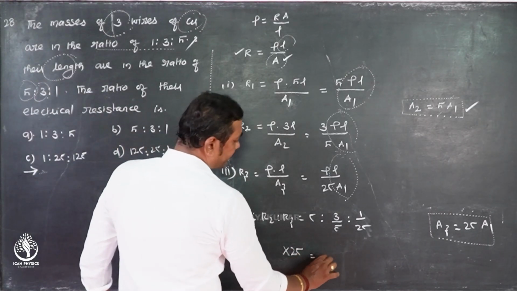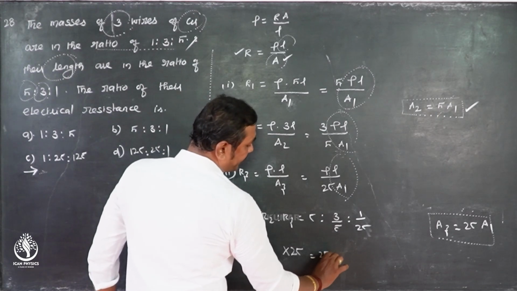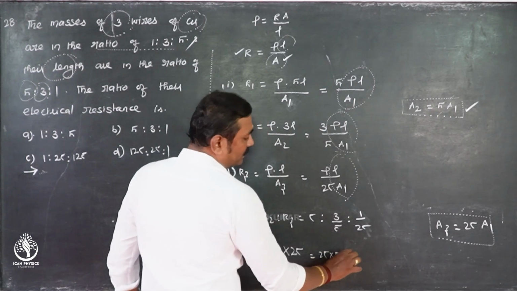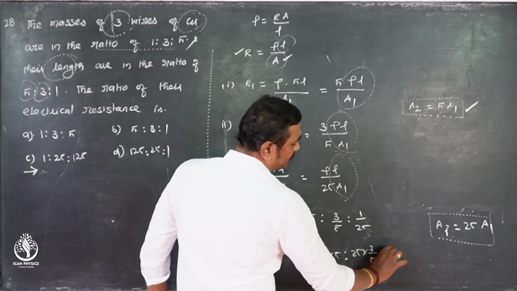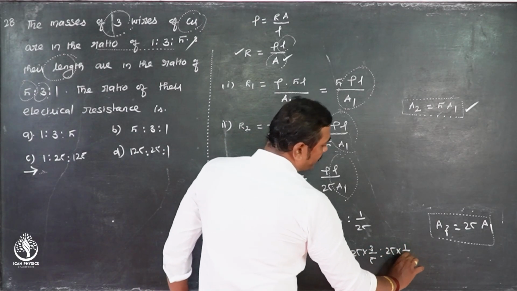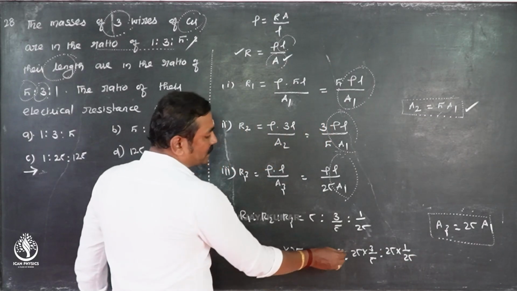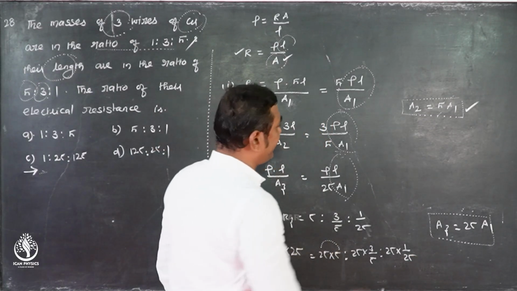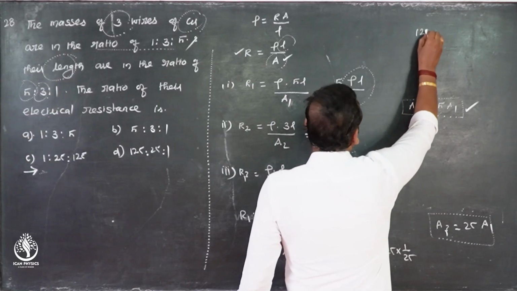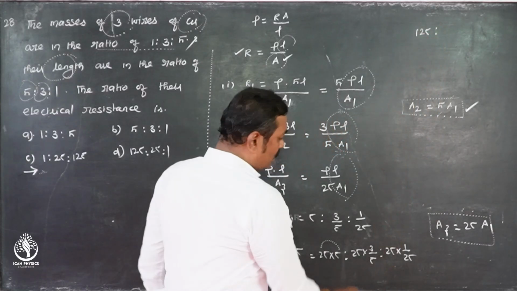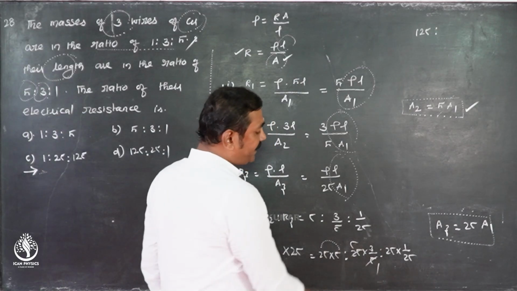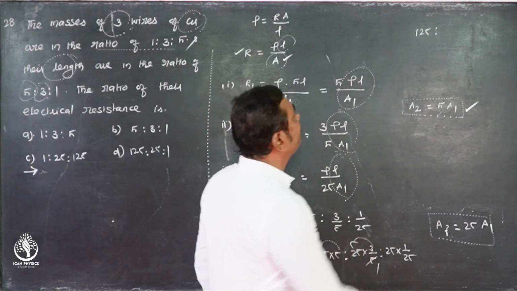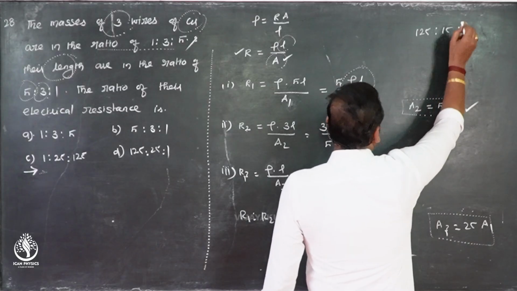So we get 25 times of 5 is to 25 times of 3 by 5 is to 25 times of 1 by 25. So 25 into 5 becomes 125, 1 5 is 5, 5 5s are 25, 5 3s are 15. So the second one is 15.